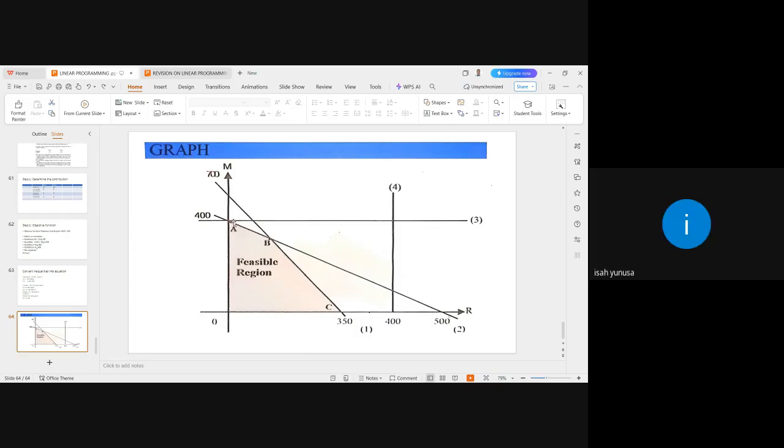Okay. So, yes, sir. I know that from this one, if we are to work on the equation to determine our maximum profit, to work for maximum contribution, we are going to use the M and R. Yes, it's the contribution.